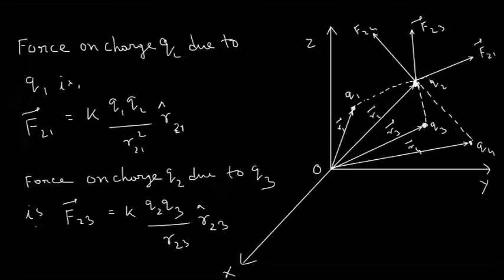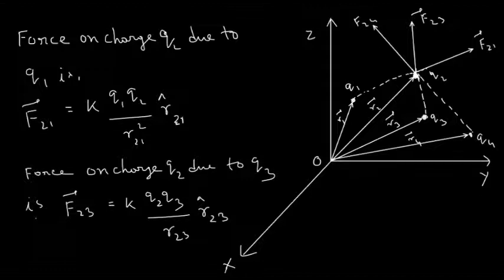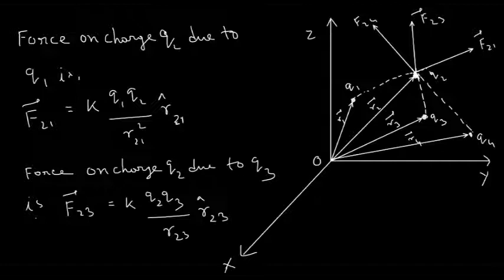The same can be derived. For example, in the given figure, you can see Q1, Q2, Q3 and Q4 are the charges placed in a system as shown.